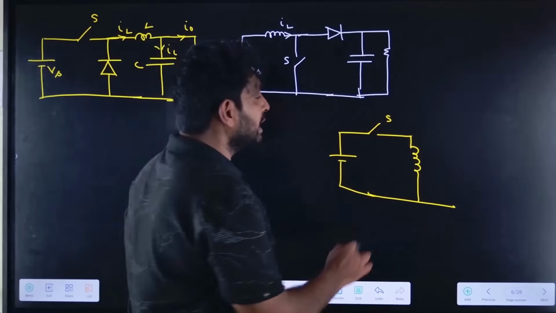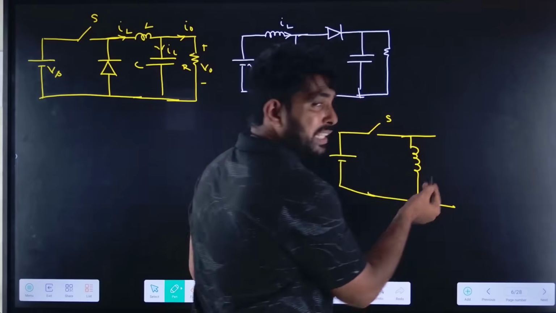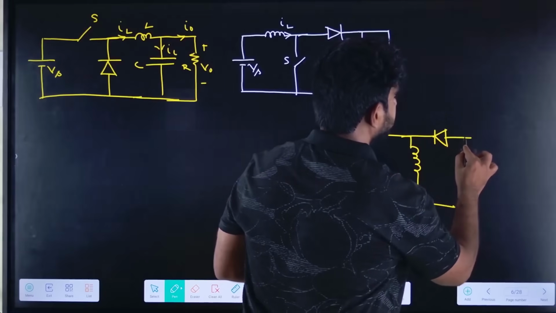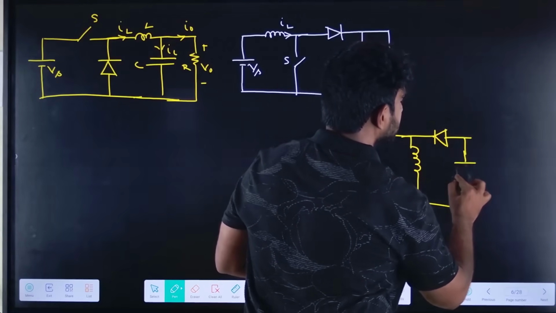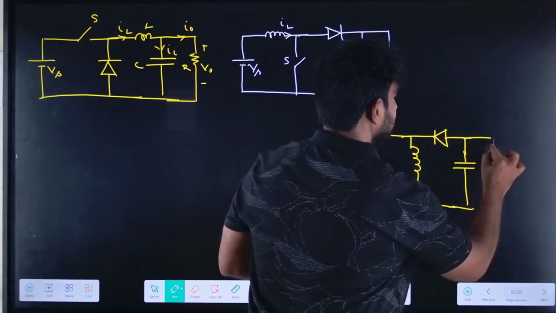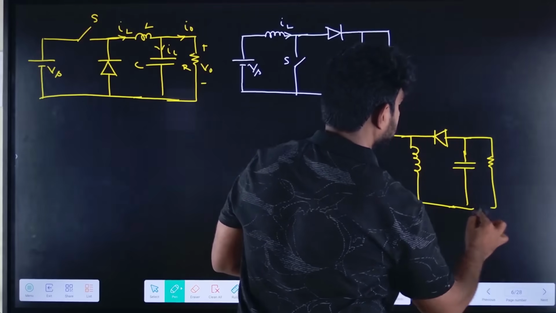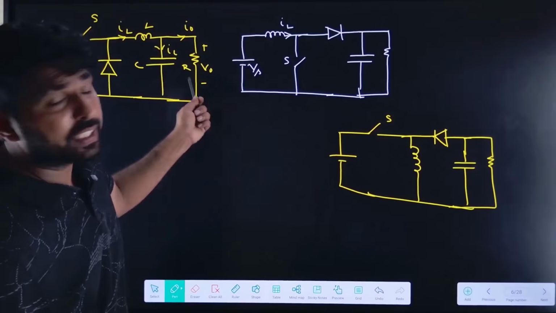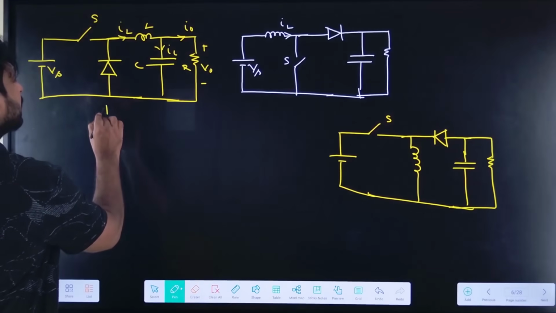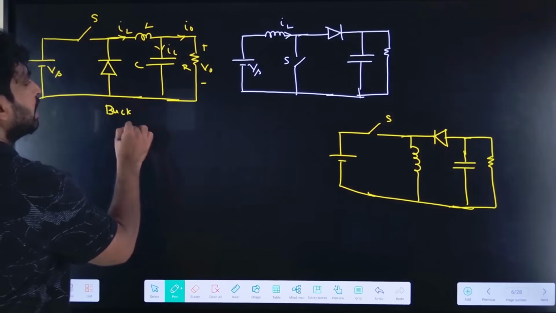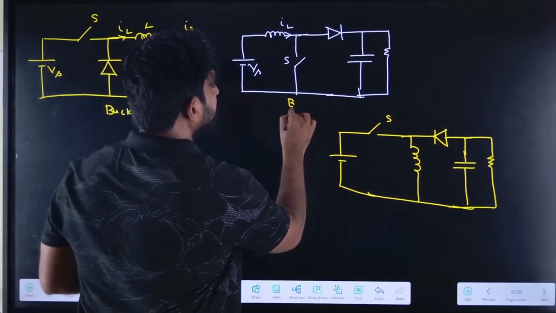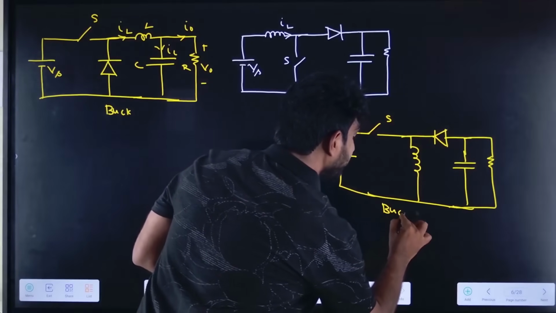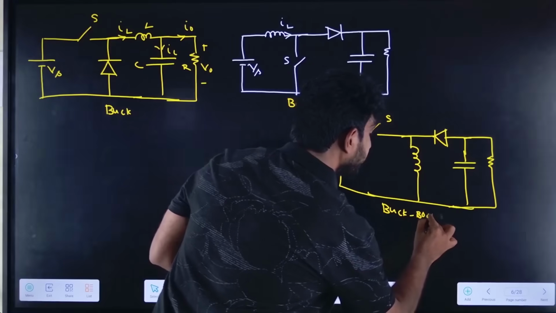Now the diode is connected in the opposite direction, with the capacitance and the resistance. So this is the circuit for the buck converter, this is the circuit for the boost converter, and this is the circuit for the buck boost converter.